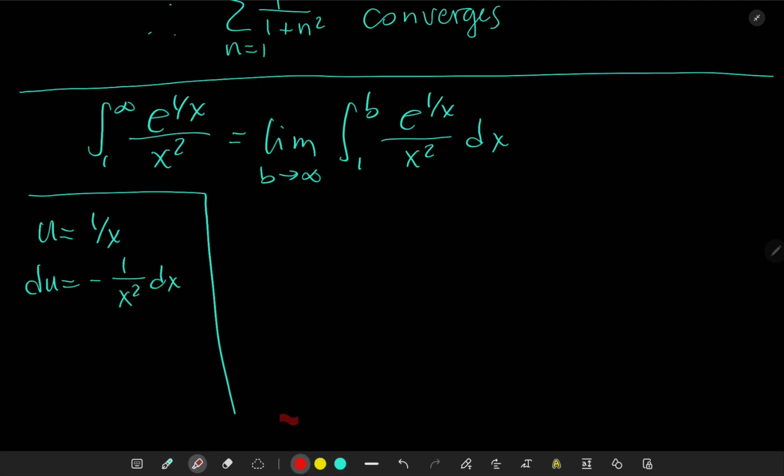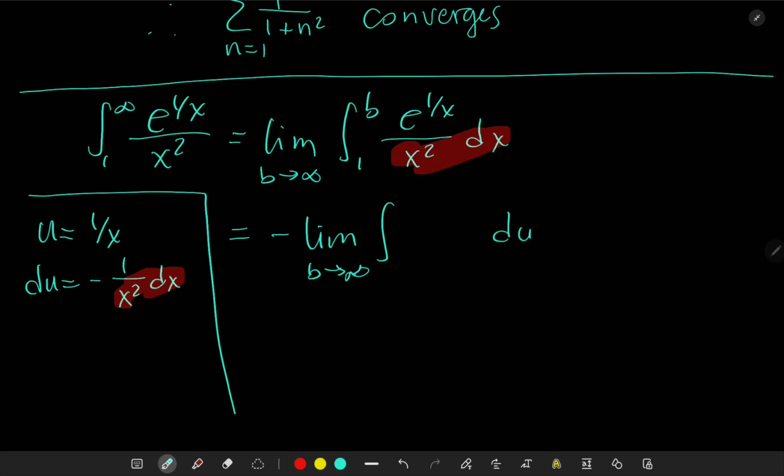So we will have this right here matching that. So our dx over x squared becomes the negative du. So let's put the negative at the very end. That's my negative du. And then I get e to the u.